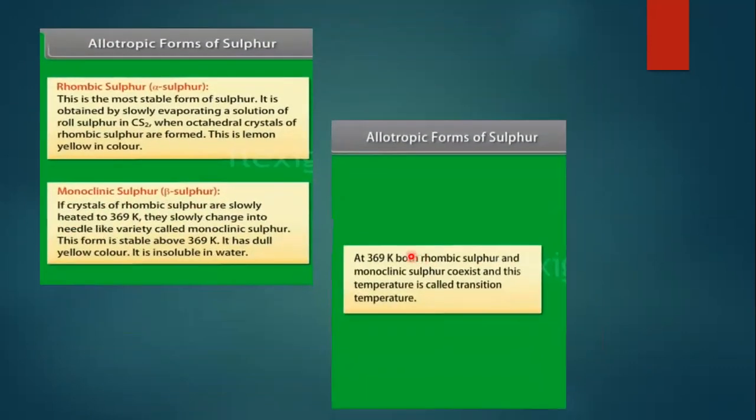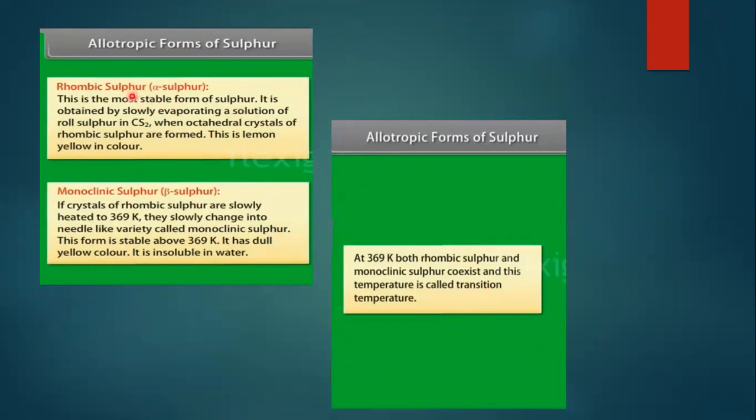Allotropes of sulfur: sulfur remains in two forms, rhombic sulfur and monoclinic sulfur. Rhombic sulfur is called alpha sulfur and monoclinic sulfur is called beta sulfur. See students, at 369 Kelvin, rhombic sulfur and monoclinic sulfur coexist. So this temperature is called the transition temperature.